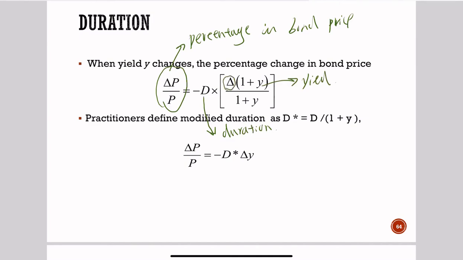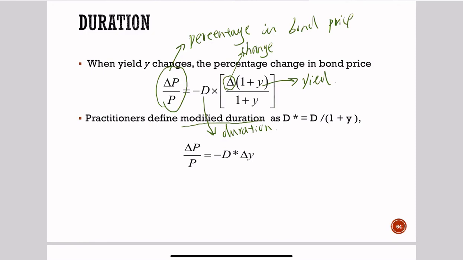This delta basically means change, right? So this formula says that change in bond price divided by bond price, which is the percentage change in bond price, equals minus duration times the change of 1 plus yield divided by 1 plus yield. This formula can be simplified. We could define the so-called modified duration, which is essentially duration divided by 1 plus yield.